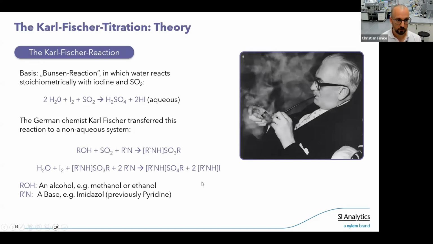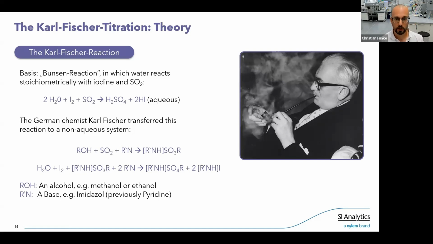Karl Fischer titration, so what is the principle of the Karl Fischer reaction? The basis of this reaction is the so-called Bunsen reaction, which is defined for aqueous systems. So we have water, iodine, and SO2, which react to sulfuric acid and HI.